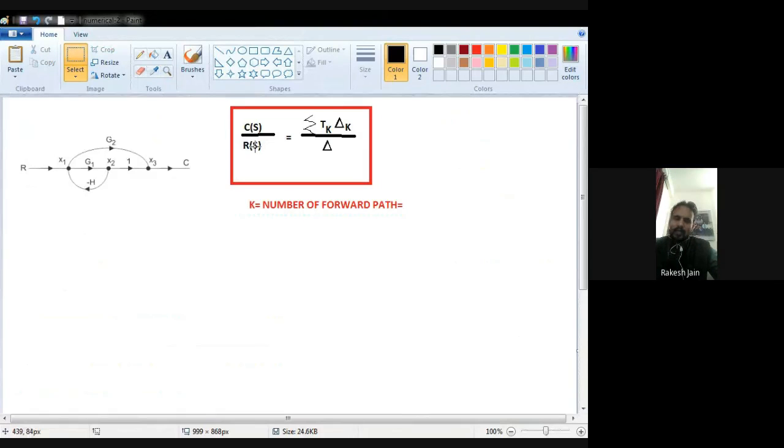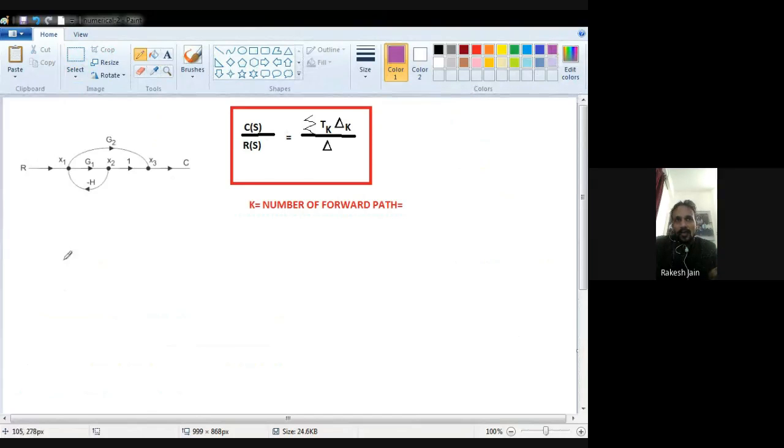For this question we see the input side is R and the output side is C. So C upon R we have to calculate. We generally write it in Laplace as CS upon RS, no problem.